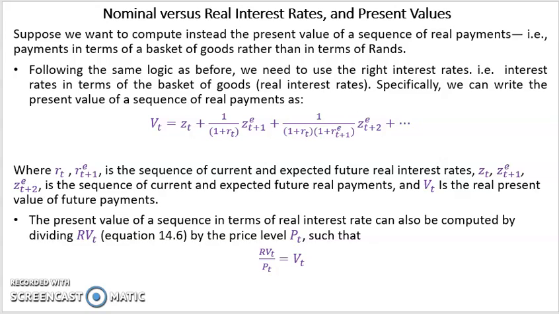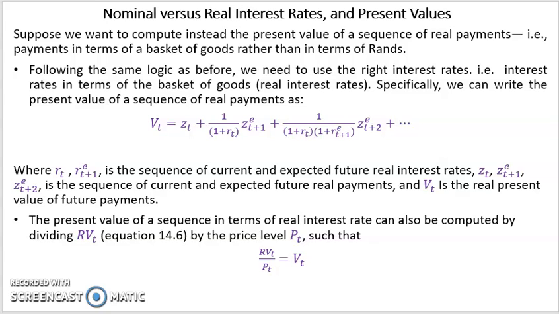That is payments in terms of the basket of goods rather than in terms of rand. Following the same logic as the nominal interest rate that we computed in the previous video, we need to use the right interest rate for this case, namely the interest rate in terms of the basket of goods. So this is the use of the real interest rate.